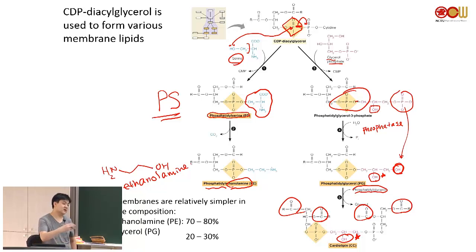Now, the reason why it's called phosphatidylethanolamine is because the OH is reacted with the phosphate, and on the outside here, it's just 2 carbons and an amine. Now, how do you get that? You have a very simple decarboxylation here. This is a decarboxylase.